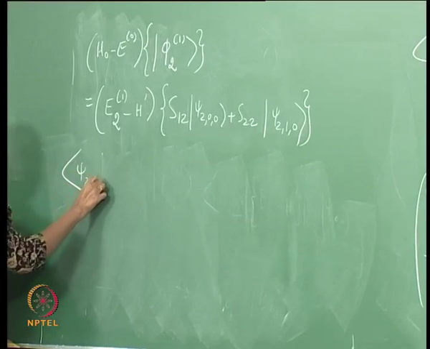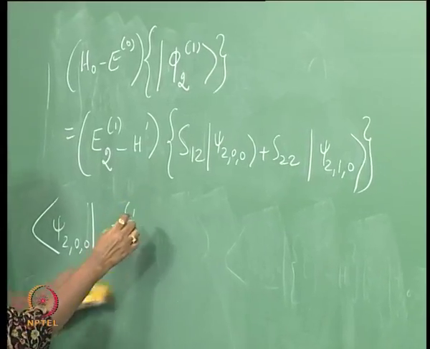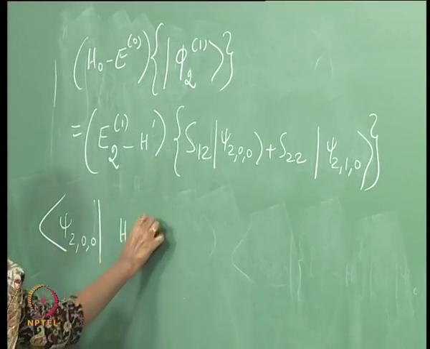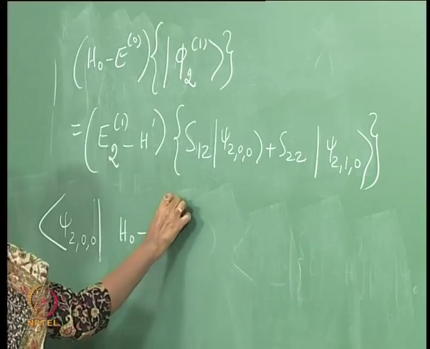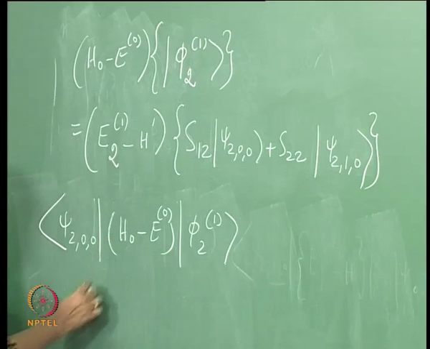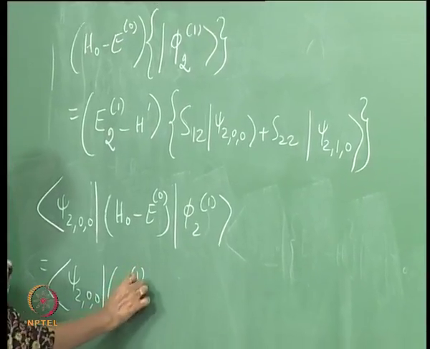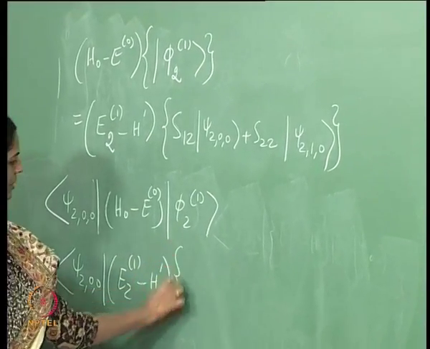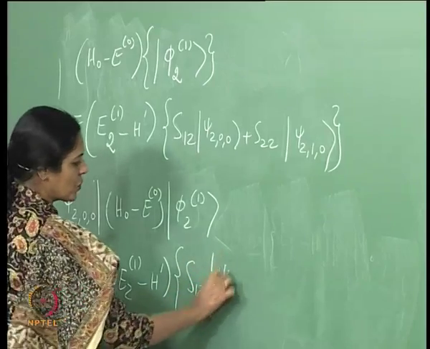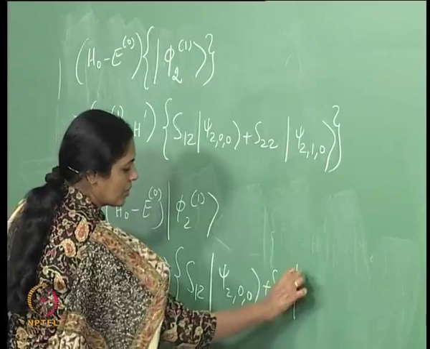Psi 2 0 0, (H0 minus E0) phi 2 1 is psi 2 0 0, (E21 minus H prime) S12 psi 2 0 0 plus S22 psi 2 1 0.